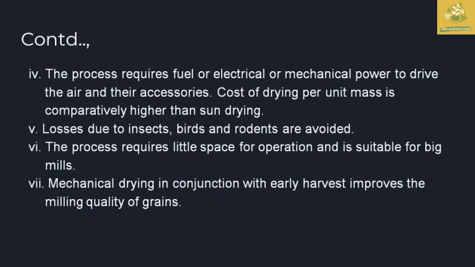They also require fuel as well as electrical and mechanical power to drive the air heater and accessories, and the cost of drying per unit mass is comparatively higher than sun drying. But the comparative cost can be equalized by the reduction in loss due to insect pests, and rodents are mainly avoided, so the loss is almost equal to that of sun drying.